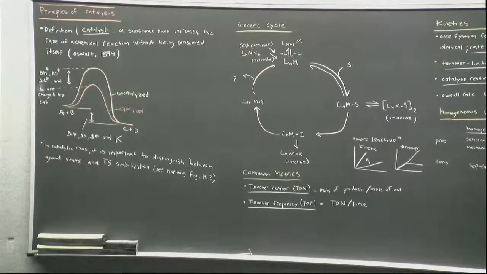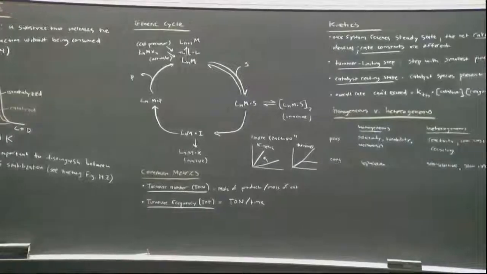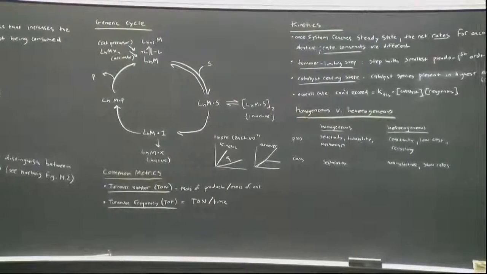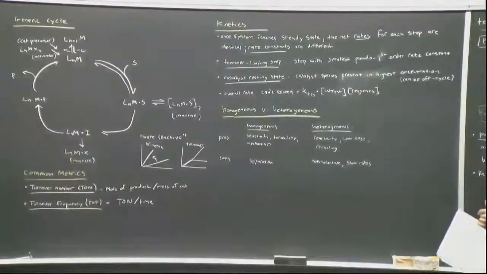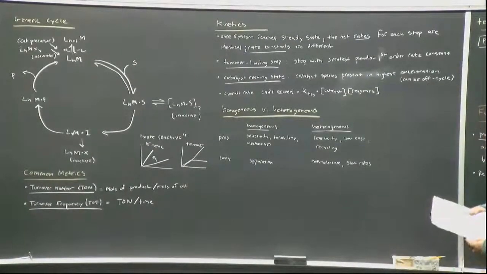And then a few more definitions that I think it's important to have clear in our mind. The Hartwig textbook really emphasizes clear definitions of some of these kinetic features of catalytic cycles. So I'll just present what's presented there, and then provide a little bit more context.